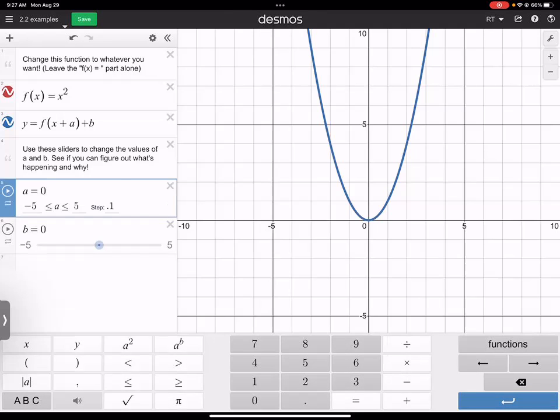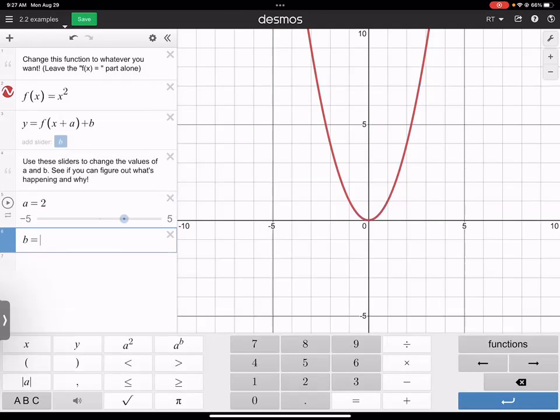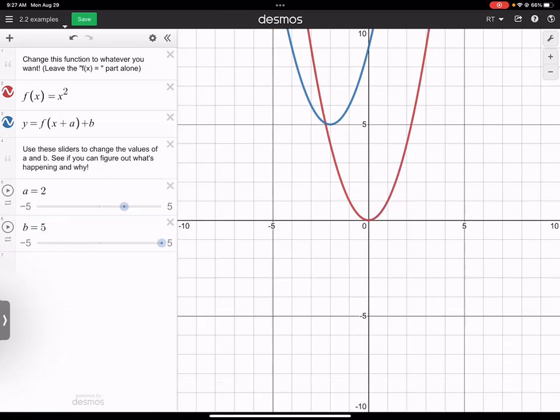Okay, so what that says is, if a is 2 and b is 5, this is f of x plus 2. Take the thing that you're plugging into the function, add 2 to it first. Then plug it in, do the function thing, then plus b, well, that's outside the parentheses, right?